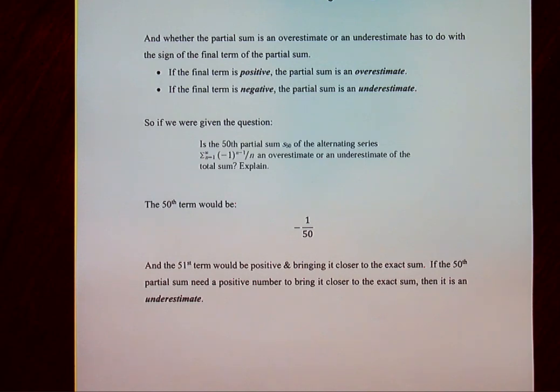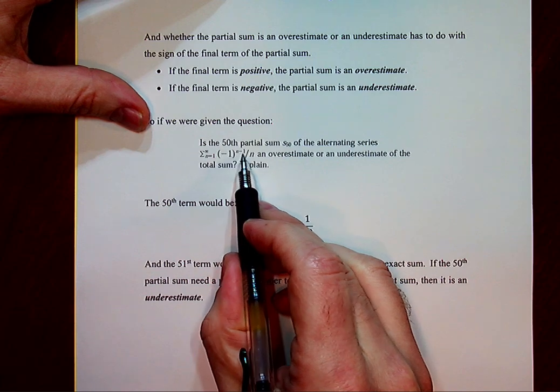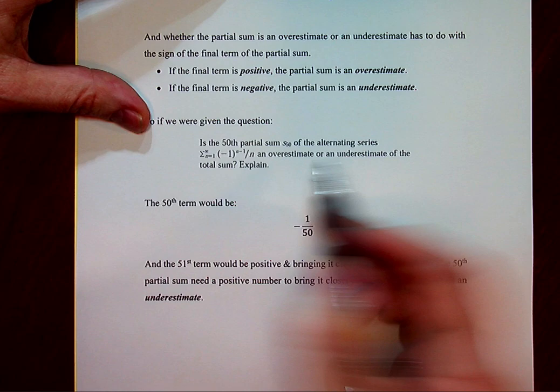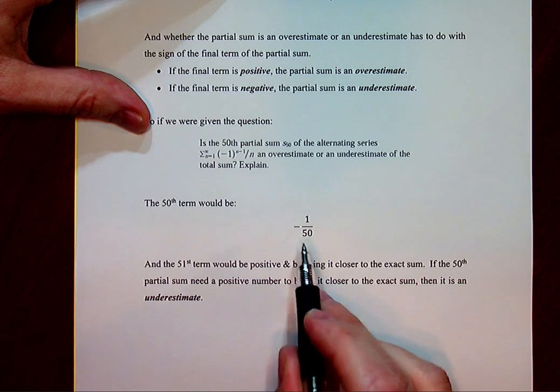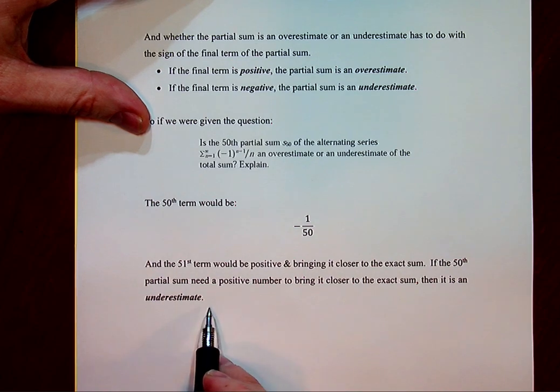For that, you simply need to plug in 50, right? If you plug in 50, you're going to get negative 1 to the 50 minus 1 over 50. So you're going to get negative 1 over 50. Now, that means that the final term is negative, and therefore it is an underestimate.